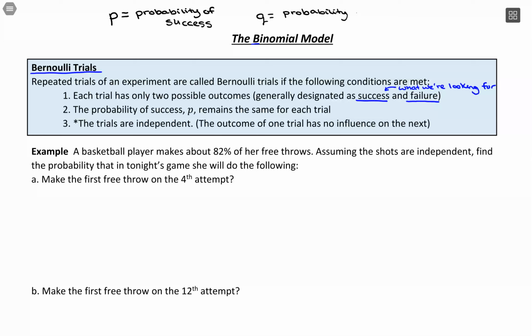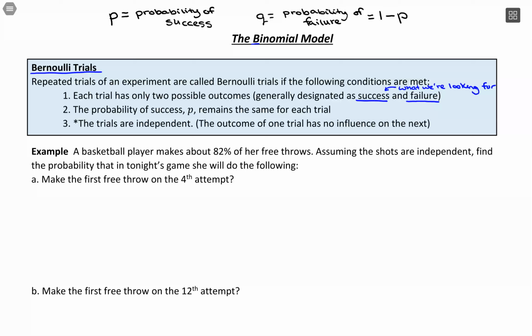Now, if these are the only two options, then they should add up to 1, which means they should be complements of each other. Together, these should represent all the possibilities in our sample space. So most often, they'll give you the probability of success. To find your probability of failure, you'll just take 1 minus that probability of success.